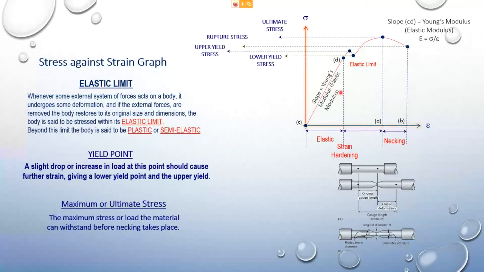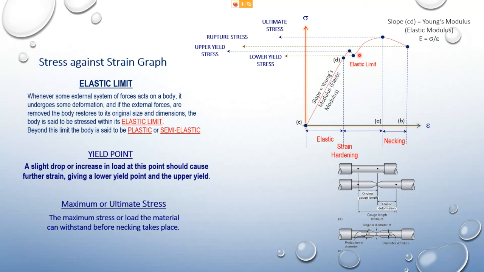Now, for ductile materials, you can notice that there is a slight curve forming on the graph. But for brittle materials, you won't see this.